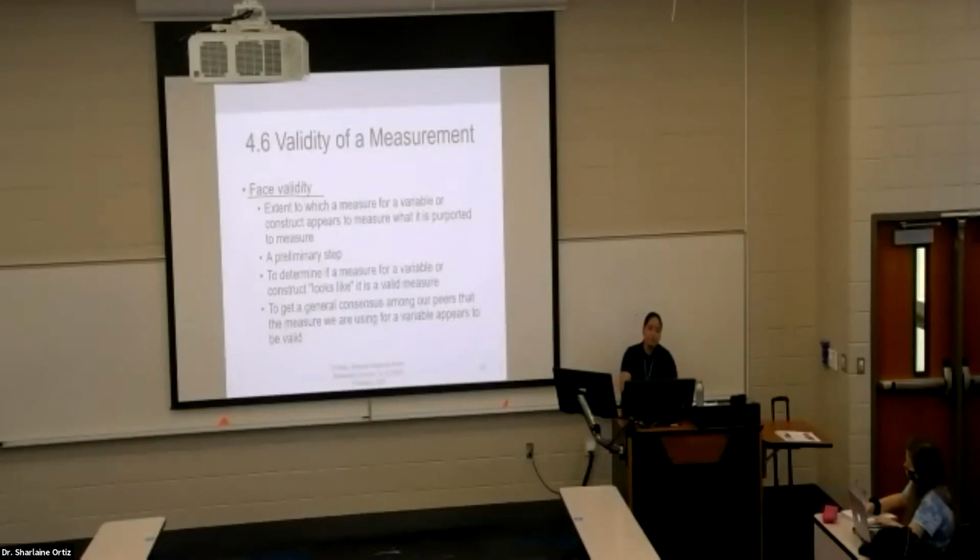All of us can look at item number 2, I'm afraid of making phone calls, and say, okay, that looks related to social anxiety. But then all of us look at item number 3, I like horses. That has nothing to do with social anxiety.